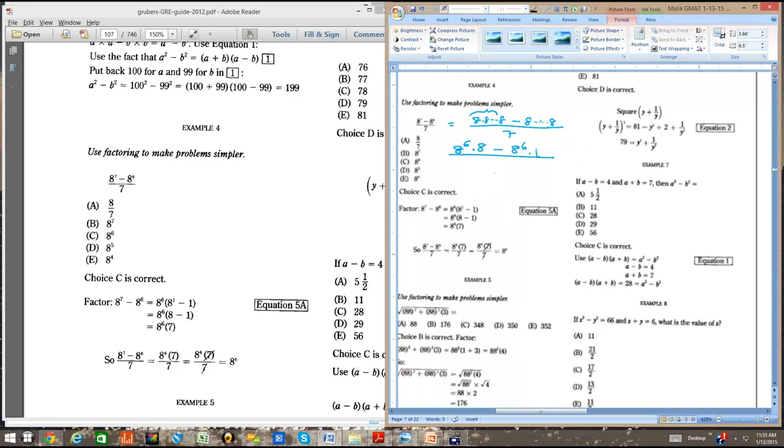Do you see that? Now you could have taken out 8 to the 6. If you take out 8 to the 6, you have 8 minus 1, divided by 7, which is 7 at the bottom, 7 here, and 8 to the 6. So that turns out to be 8 to the 6. Is that clear?